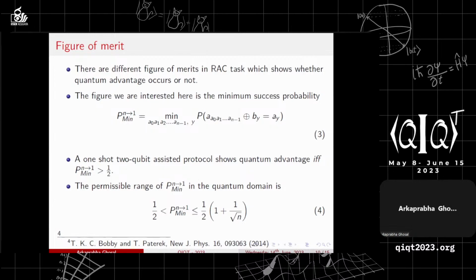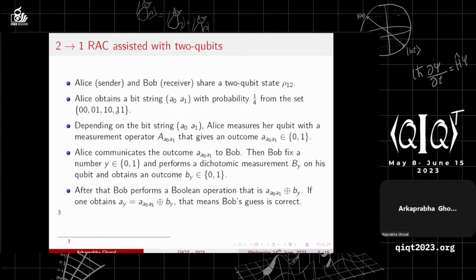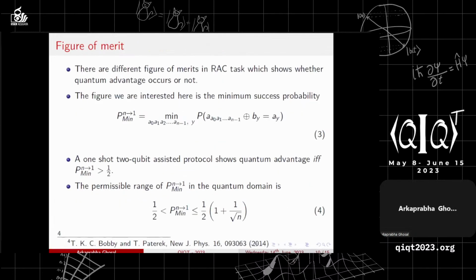That means in the previous case, there are four possibilities in 2-to-1 RAC. So in this case, we are interested in the least probability, where the minimization is taken over all input strings as well as Bob's guess. So the probability of Bob's correct guess, the least-case probability, is our figure of merit.